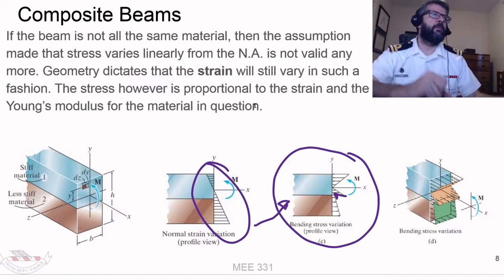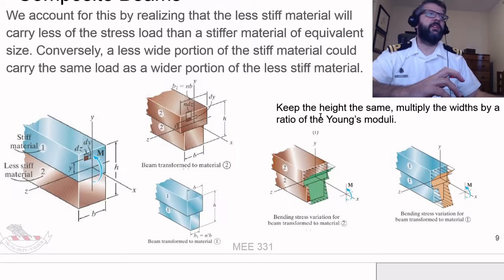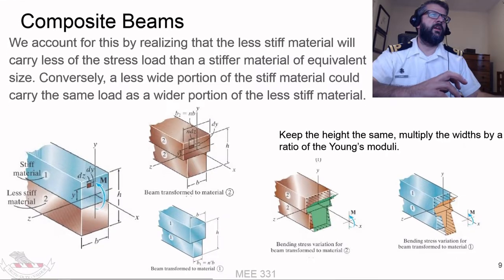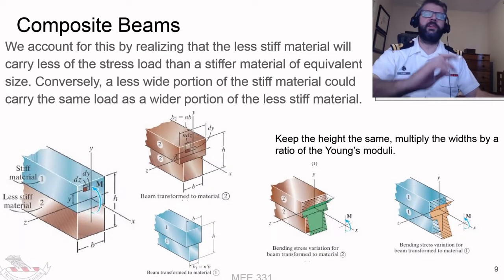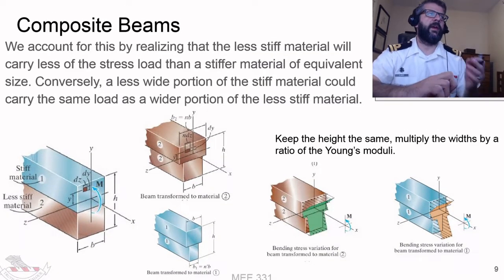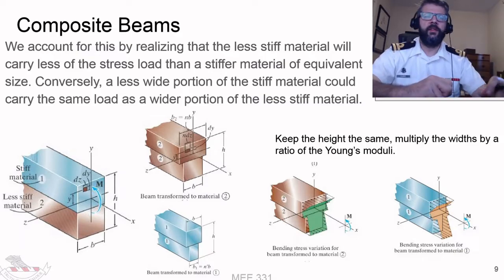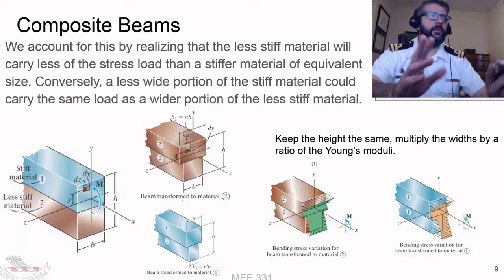Now, the way we figure out how this works is that the less stiff material is going to be carrying less of a load than the stiffer material of an equivalent size.